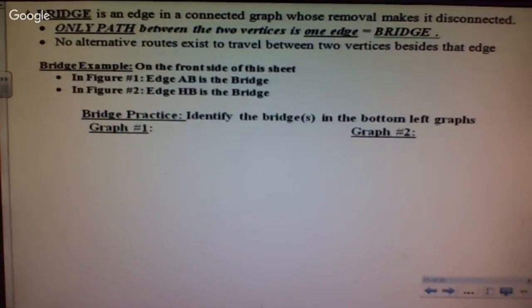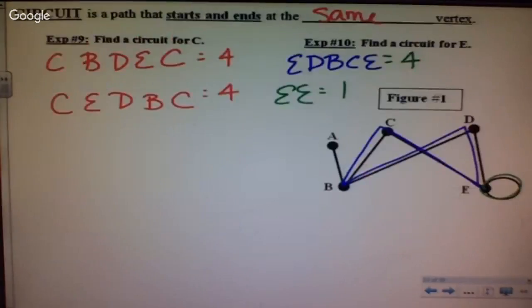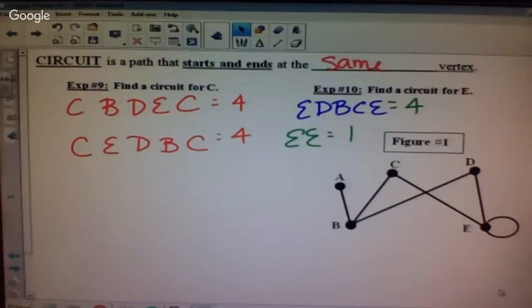So you don't have to go back. I'm going to go back here. Maybe I'm going to go back here. Where's my... I ain't got the actual drop line. All right, so if I go to figure 1, they're telling me that AB is a bridge.